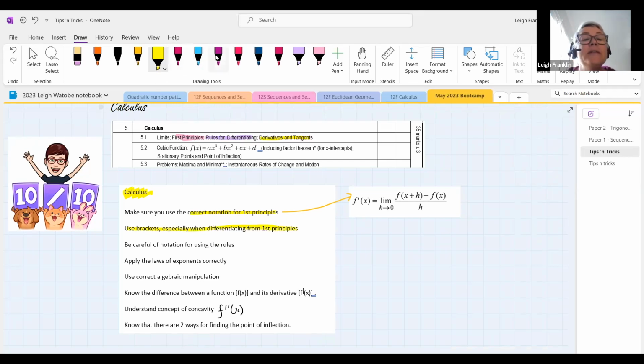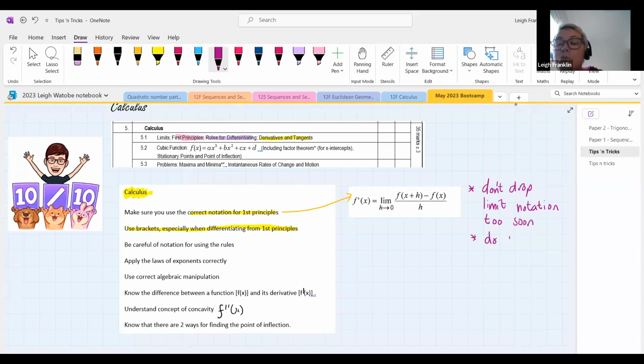The other hints are: don't drop your limit notation too soon, and do not show that h equals 0, because you're going to be penalized for those things.